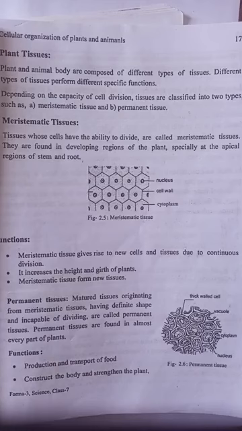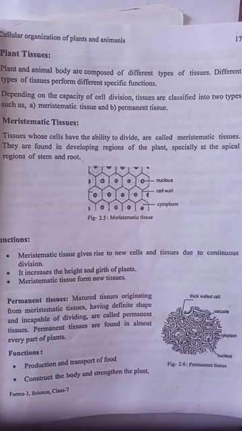At a stage, there is a limit of growing, a limit of division. So the mature tissues originating from meristematic tissues, having definite shape, incapable of dividing, with no more division. That means adult, very old, matured tissues are called permanent tissues. Permanent tissues are found in almost every part of plants.